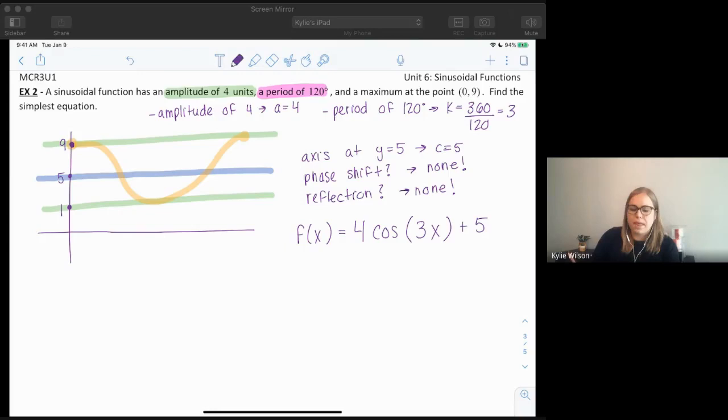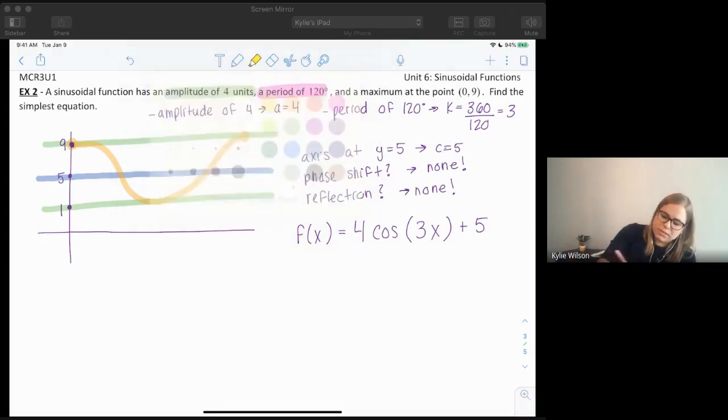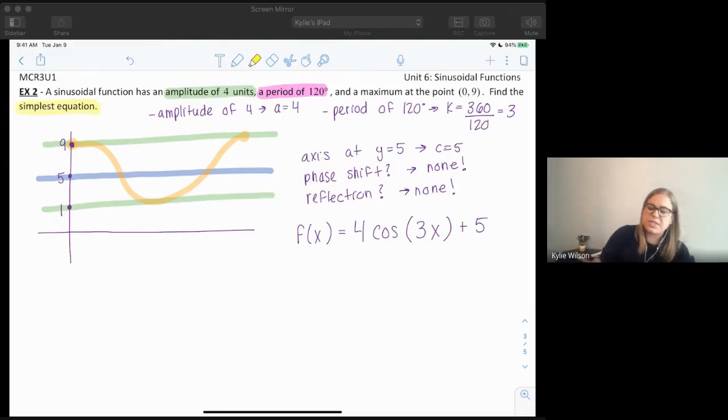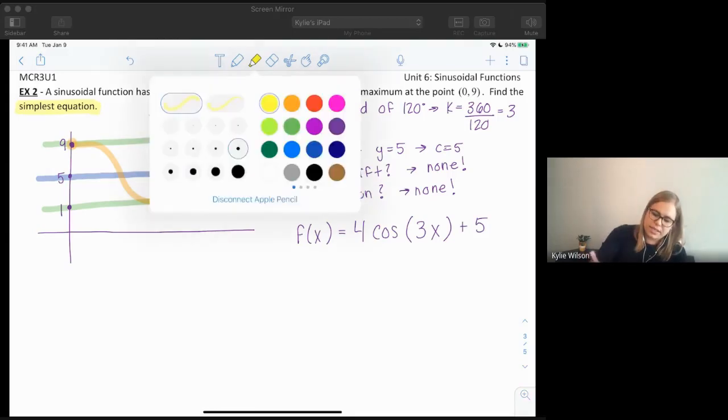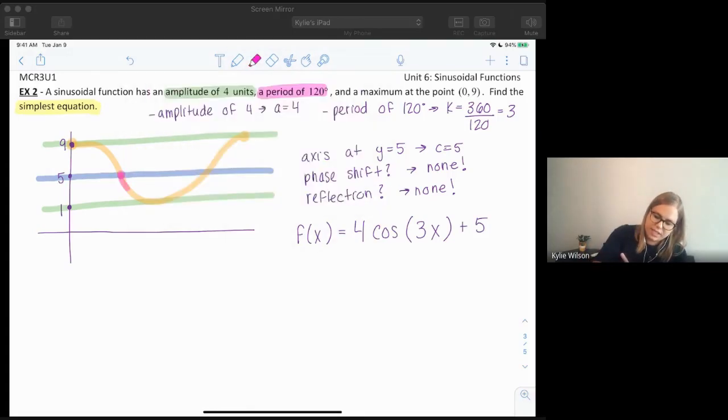So the reason I knew to use cosine was because it's asking us for the simplest equation. So I certainly could have done a sine. I certainly could have gone from here, and it also has a maximum of 9 and goes back down. But because it said that this point, 0, 9, is on the curve, I know that I have a point right here.